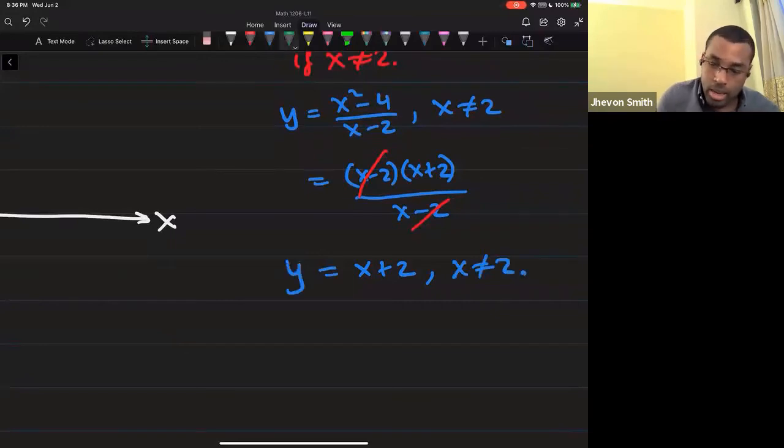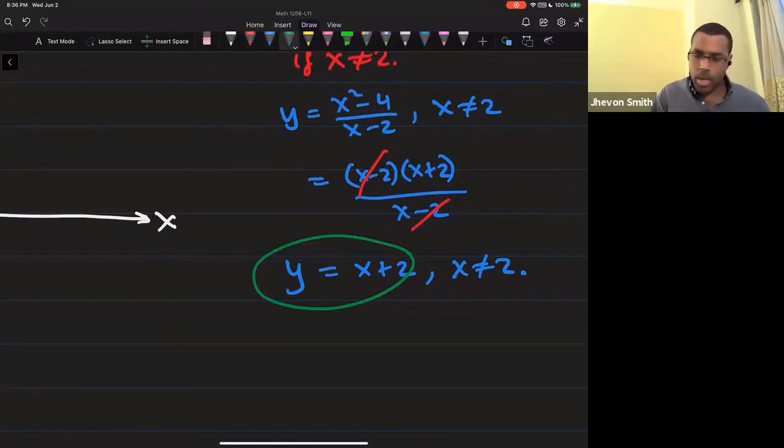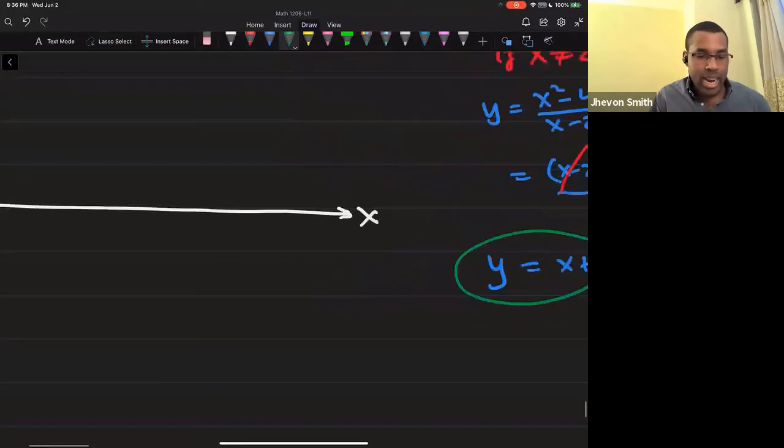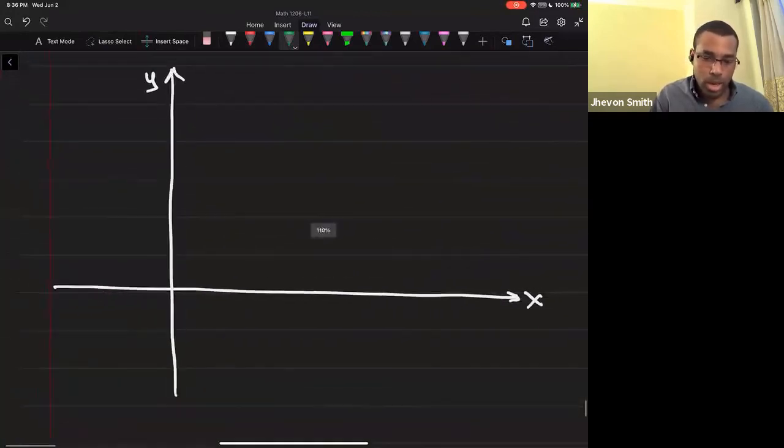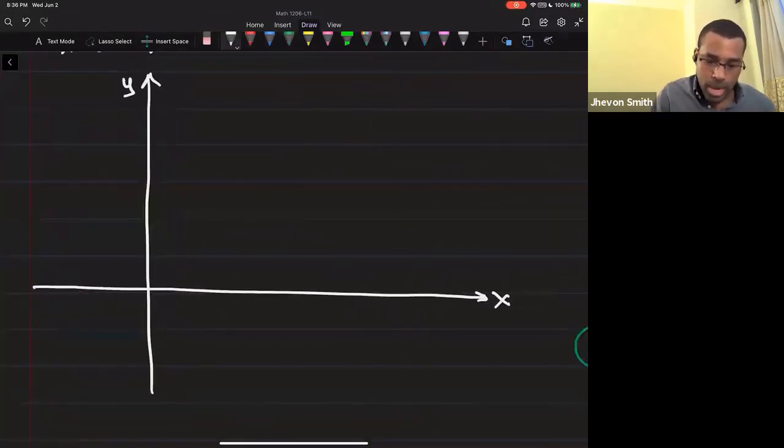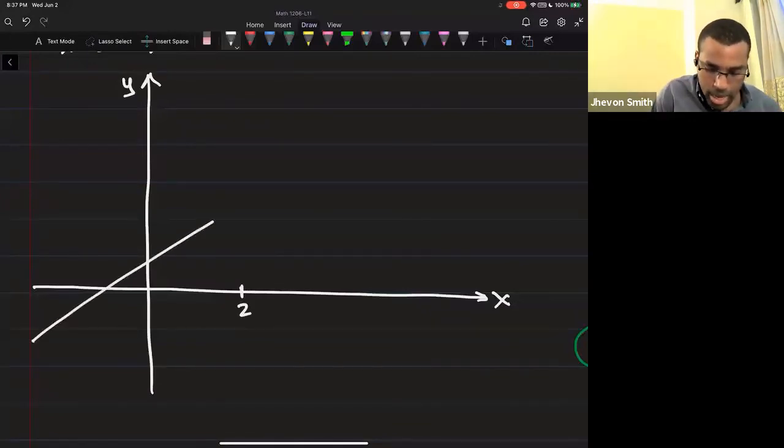Now this, we do understand. That's another straight line. In fact, the y-intercept is 2, and it has positive slope, but we can't actually be at 2. So if we're at 2, something is going to be off. At 2, there's kind of a hole here.